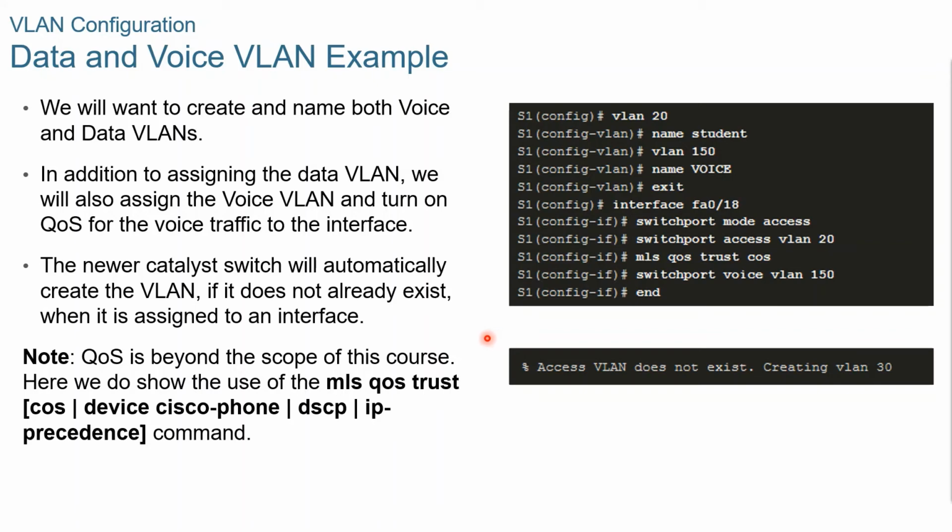If the switchport access vlan 30 command is entered on any interface with no previous configuration, the switch displays: access VLAN does not exist, creating VLAN. So if you assign a switch port to a non-existing VLAN, the switch will automatically create that VLAN, but it doesn't assign a name. It will be assigned a VLAN number, but you have to manually name that VLAN afterwards.